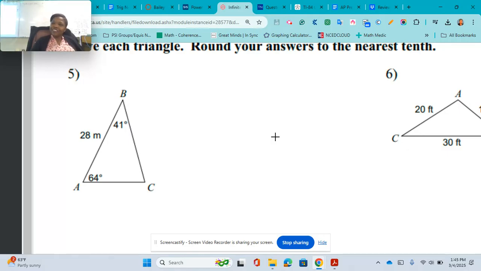For C. The what? The angle C. How can we get angle C? Excellent. Add those two angles we have and subtract it from 180, because we all know that triangles add up to 180 degrees.